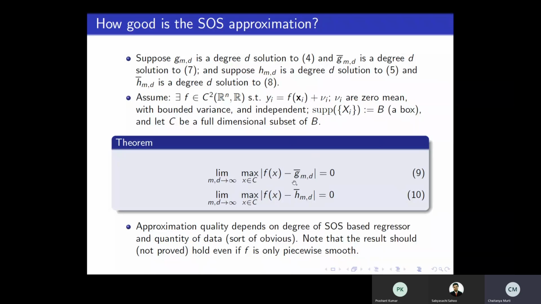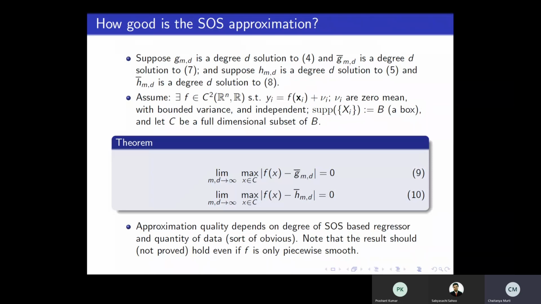What's nice is that as you increase the degree of your relaxation and the number of data points, your generalization error will go to zero because you're exactly replicating the function. Correct. So it's not just saying that you can find an exact polynomial; the solution to the relaxed optimization problem is the same.